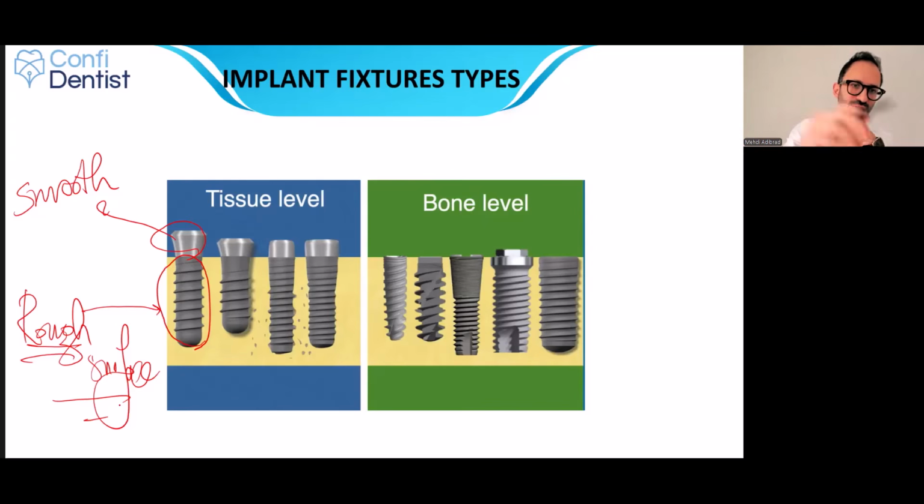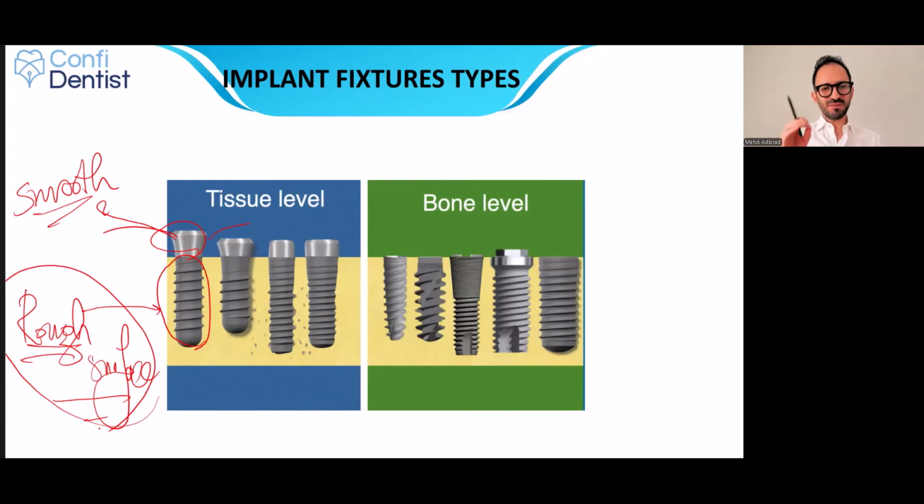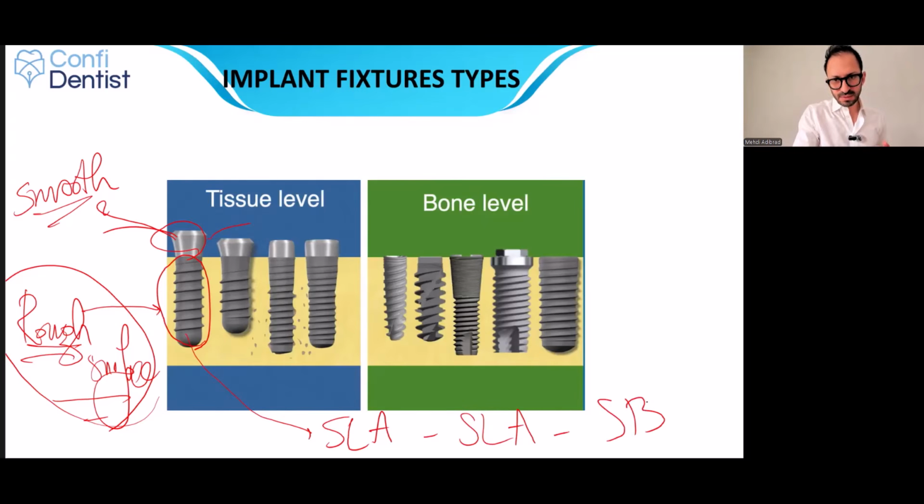So I have a smooth collar, so the soft tissue attaches to it. On the rough surface, and by rough, I'm not just talking about the macrostructure, I'm talking about the microstructure. Microstructure means surface treatment: SLA, SLA active, sandblasting, okay, TPS, titanium plasma spray, or hydroxyapatite coating.